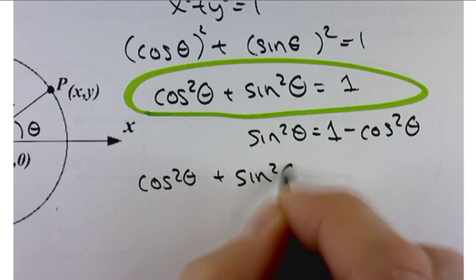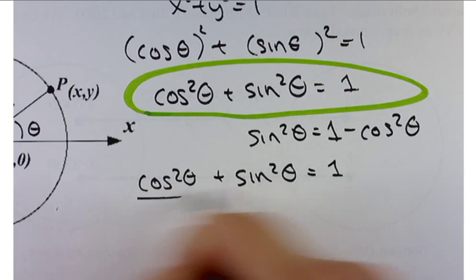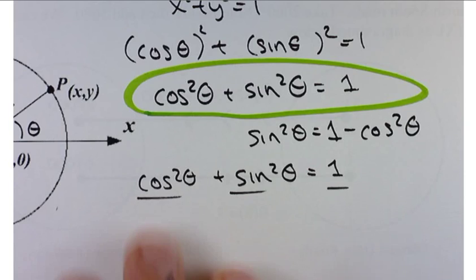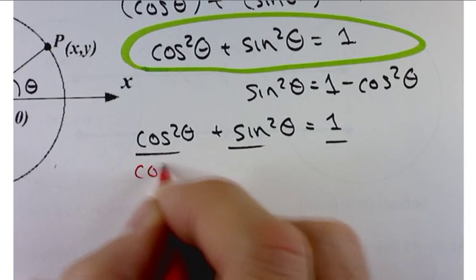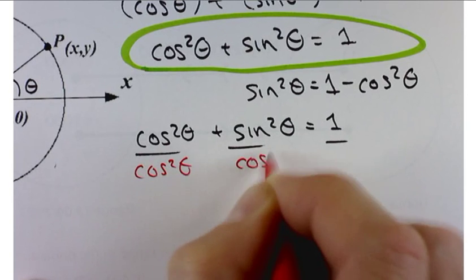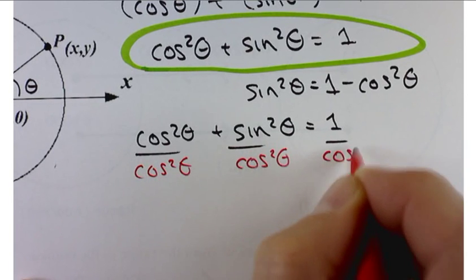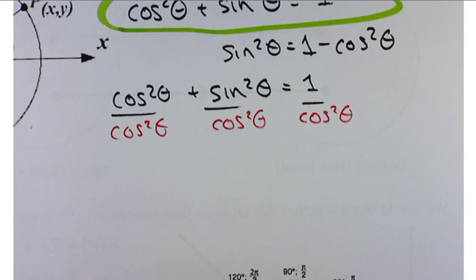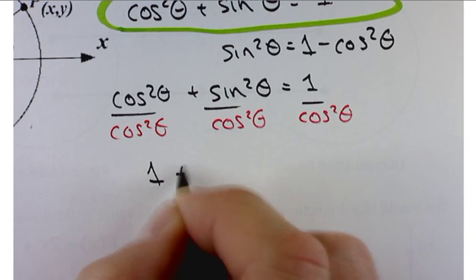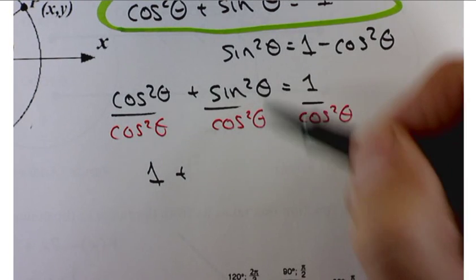But more often than not, what we're more interested in is something like this. We're going to take the Pythagorean theorem and divide everything through by, say, cosine squared of theta. And let's see what comes out of this. Well, the first thing that comes out of this when you simplify it is a 1. What do you suppose sine squared over cosine squared is going to equal?